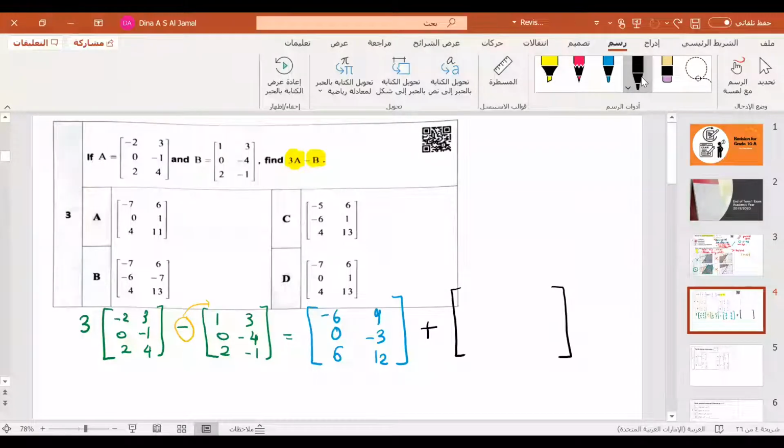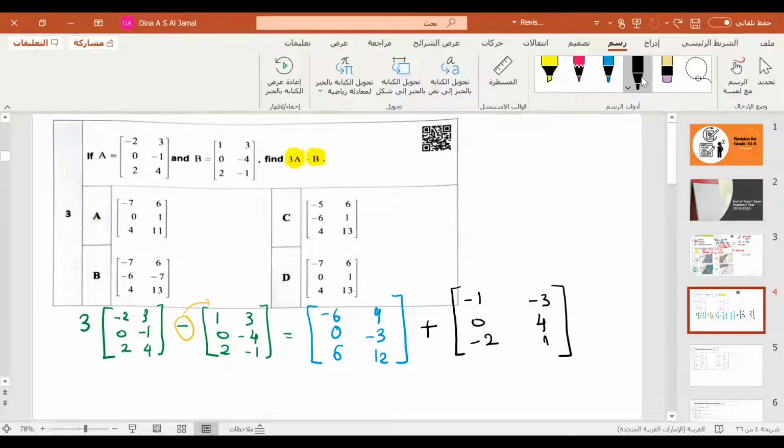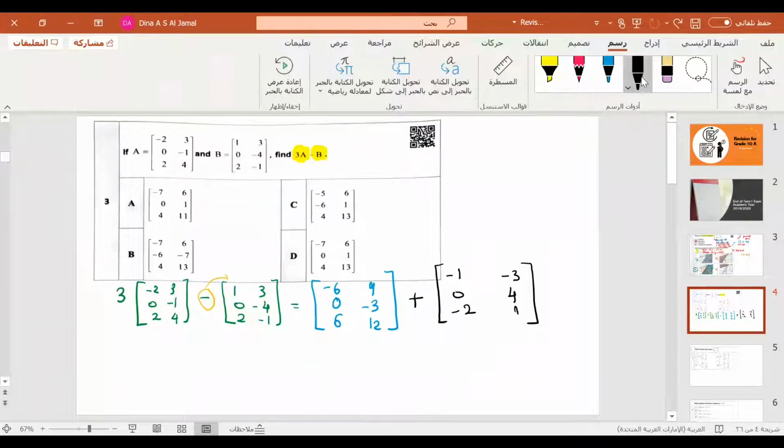So in general, if I would like to change the signs: minus 1, minus 3, 0, 4, minus 2, and 1. And when you add them, just to check the dimension, they should have the same dimension.